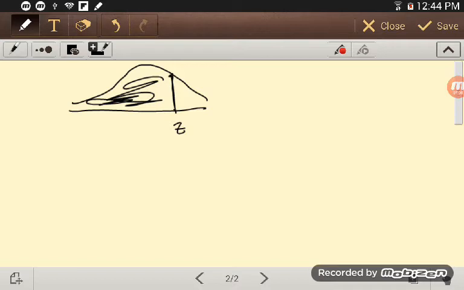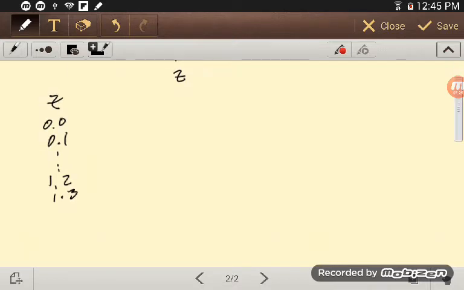So in the table we have z, and under that 0.01, 0.1, dot, dot, dot, 1.2, 1.3, keep going, and it goes down to 3.4.